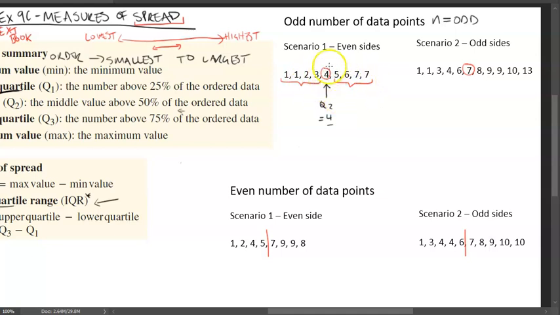So we say we omit it, we just disregard it for now. On this side, we have 4 data points, and on the right hand side, we have 4. This is what even sides means. There's an even amount on both of these sides.